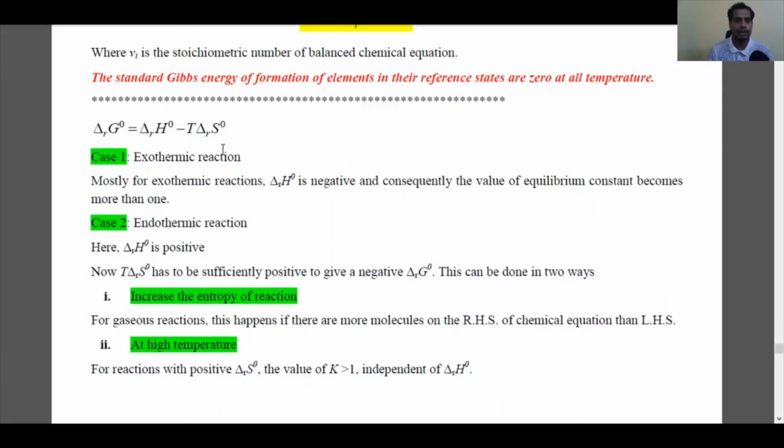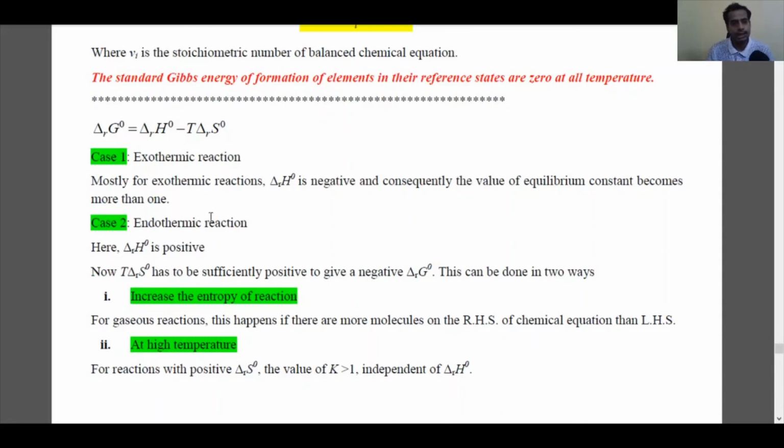Again I am repeating, if entropy is more, then this equilibrium constant will be more than 1 or the reaction will go towards the forward direction. And how do you know that entropy is dominating? The simple way is to judge the number of gaseous molecules. If the number of gaseous molecules on the product side is more than on the reactant side, that means the entropy of the system is increasing.